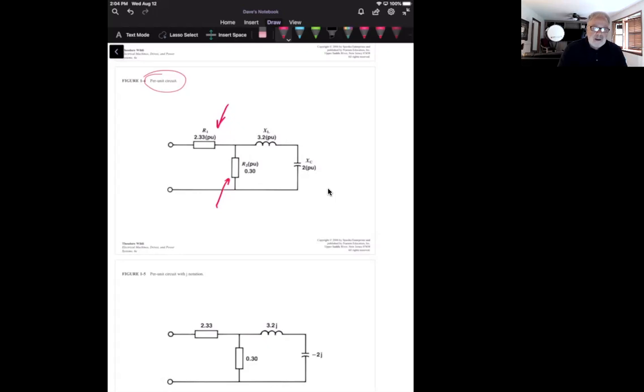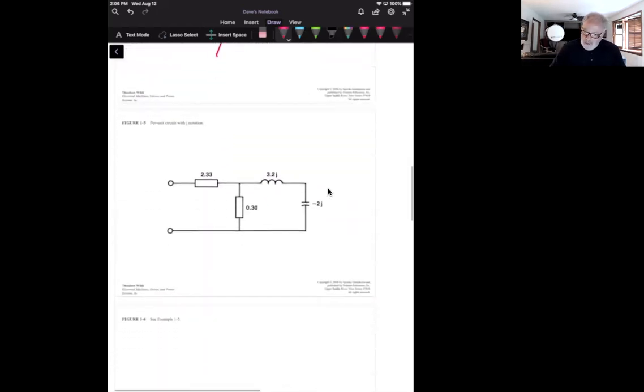But the point here is that I want you to see, here's an application of per units. Here's figure 1.4 with the per unit circuit J notation, where we look at this as a negative J and a positive J, and this is a real value. When we get into that, it's plus or minus the J value.